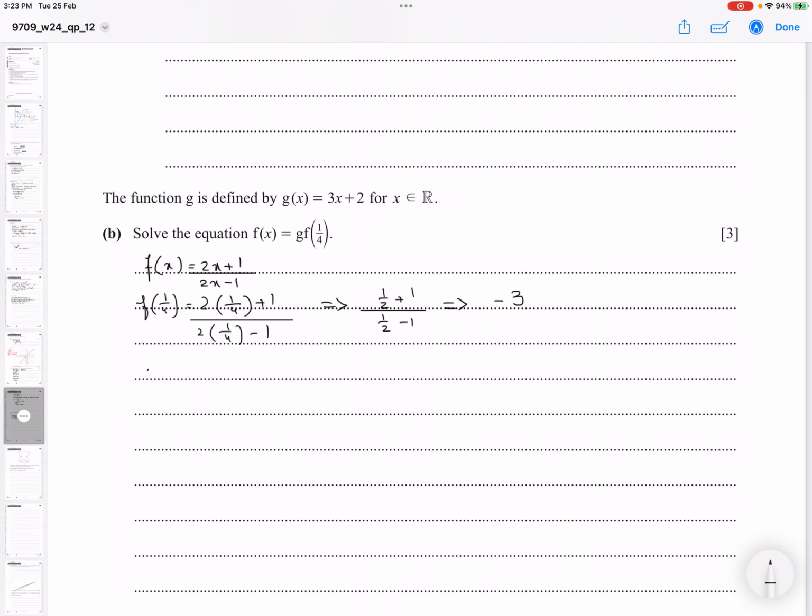Now find out g of minus 3, and this is 3 times minus 3 plus 2, and this gives me g of minus 3 equals minus 7.